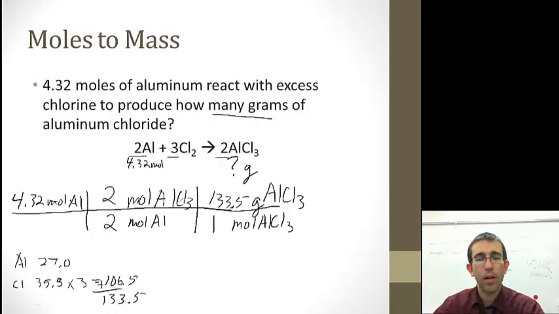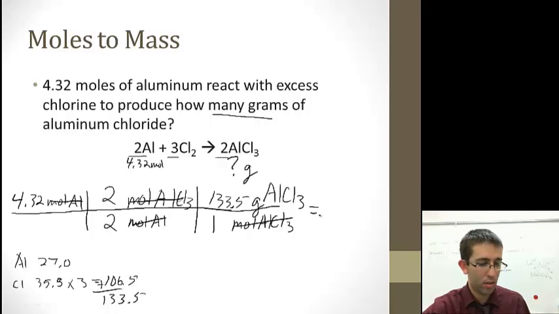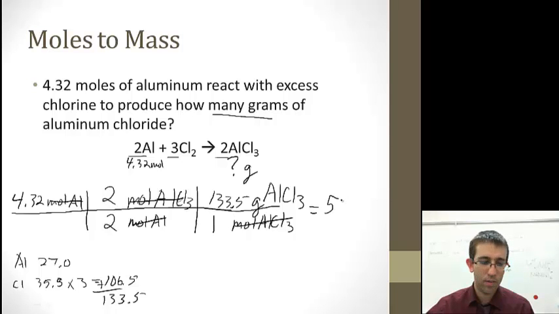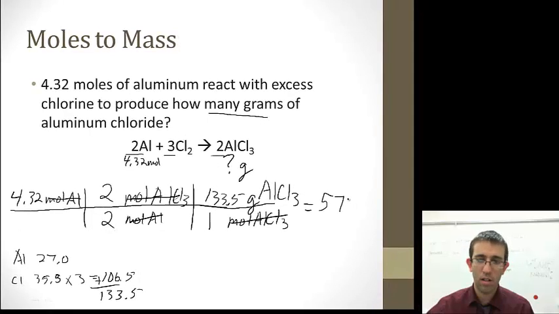Multiply on top, divide on bottom, you'll see that your moles of aluminum cancels, your moles of aluminum chloride cancels, and you're left with grams of it, which is what we want. So 4.32 times 2 divided by 2 times 133.5, and this answer turns out to be 577 grams of AlCl3.